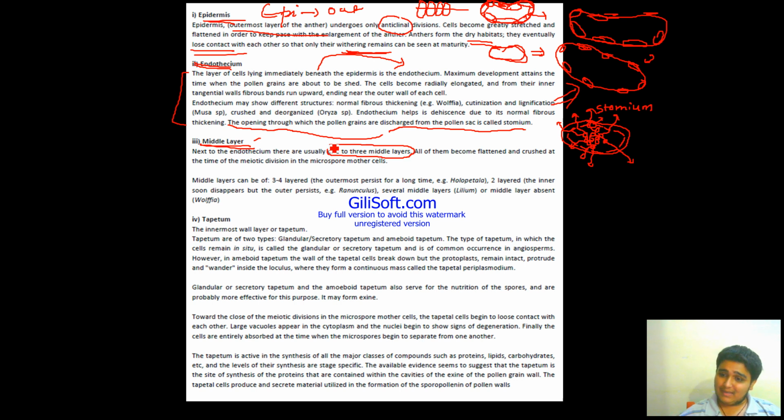That's why I said it is a layer, or it can be a single middle layer. It could be a number of middle layers. There are a lot of exceptions. So here again, with examples, right? There are 3 to 4 layers when you talk about holopetalia. There are 2 layers when you talk about ranunculus, and there are several.